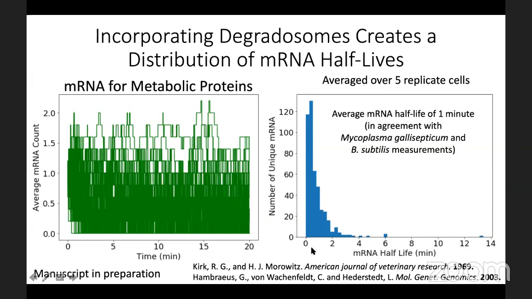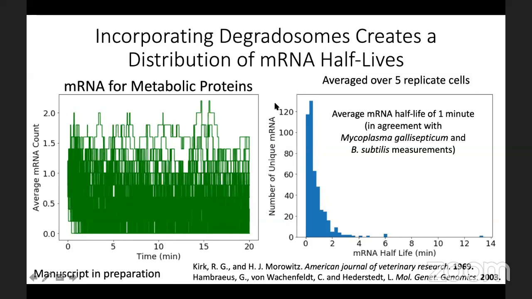Instead of the uniform mRNA half-life, we obtain a distribution of half-lives, and we obtain an average half-life of 1 minute, which is in agreement with Mycoplasma gallisepticum measurements, and then the ones at higher half-lives are in agreement with some Bacillus subtilis measurements. It's still a little faster than we'd like it to be, but this is a very, very good first result for this sort of simulation.